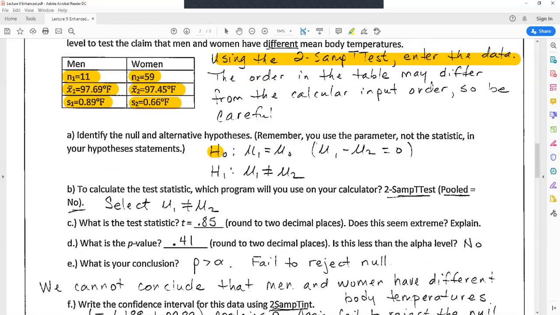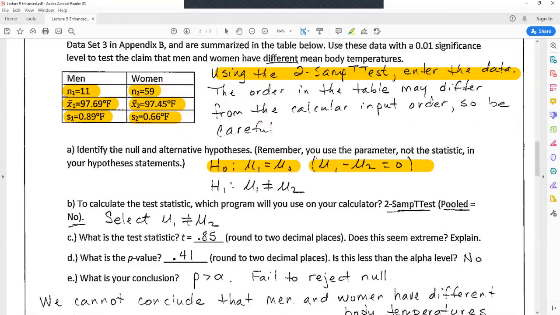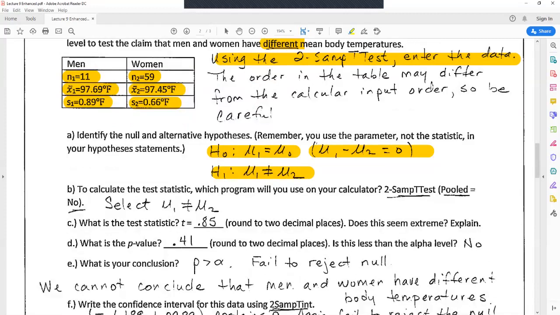Again, the null is going to claim that the mean temperatures are the same, and that the difference is 0. And in this case, we're looking at different. Do they have different body temperatures, not greater than or less than? And we will use the two-tailed test. We will select not equal to, mu1 is not equal to mu2.